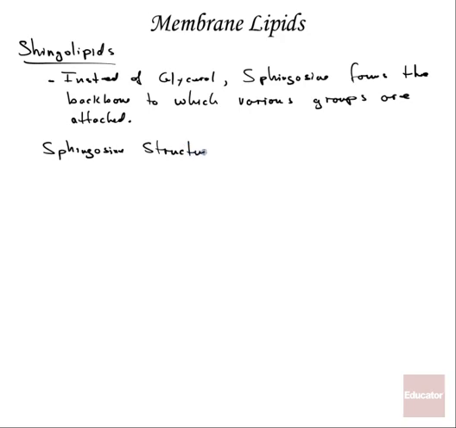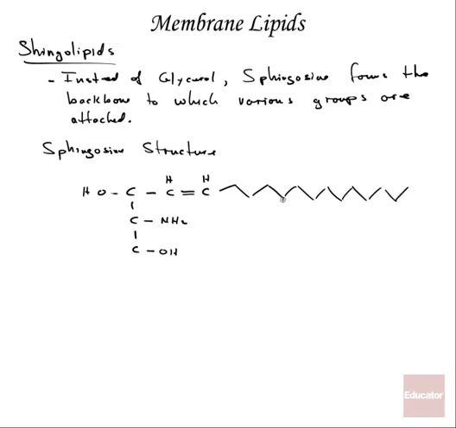So we've got C, C, C. So we have an OH, and then we have an NH2, and then we have an OH, and then we've got C, double bond C. Let me go ahead and put the H's in here. So this is sphingosine.